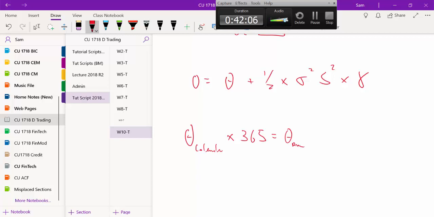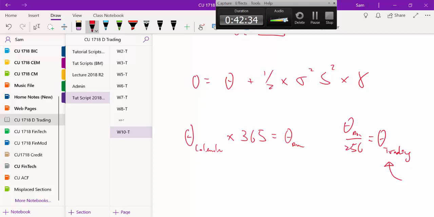And if you divide the annual theta by 256, you get what we call the trading day theta. Now, the trading day theta is actually what you will lose. So I don't know why they keep quoting the calendar theta.